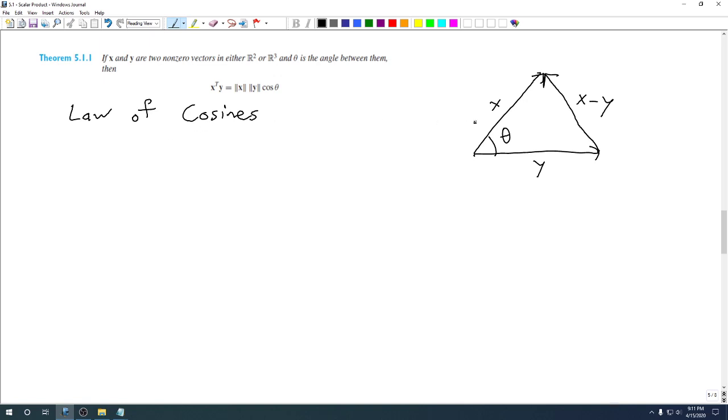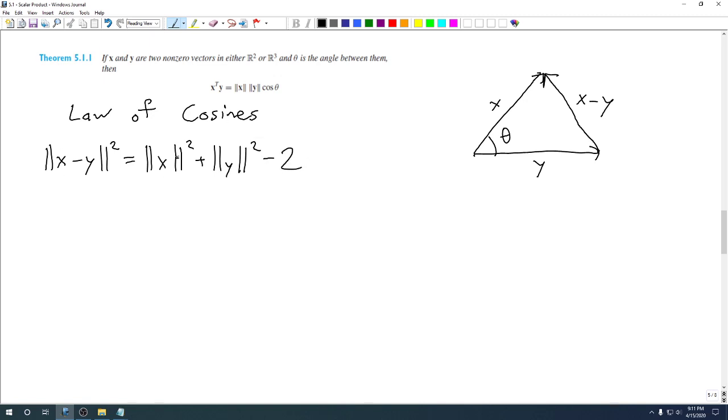From the law of cosines, if we have 3 sides of a triangle and we have an angle of one of them, then the length of the side opposite the angle, if we square that, so talking about lengths here, so we're talking about the magnitude, that is equal to the sum of the squares of the other two sides, but then there's a correction factor.